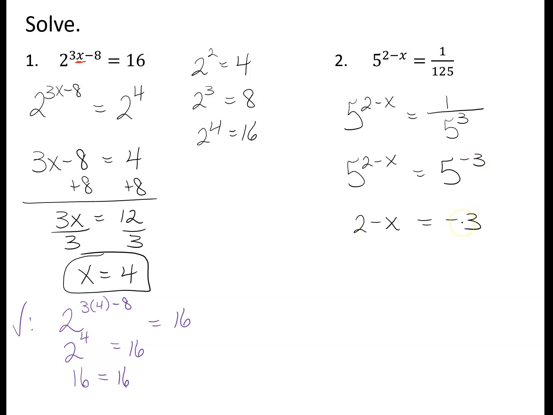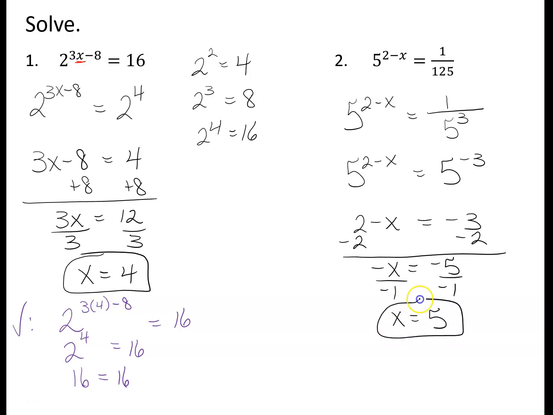Again, I just ended up with a linear equation to solve. I'm going to subtract 2 first, and then divide by negative 1. So I get x equals 5. Certainly you can go through and check all of these. I'm not going to show the check on every one, but just remember that you can check these.